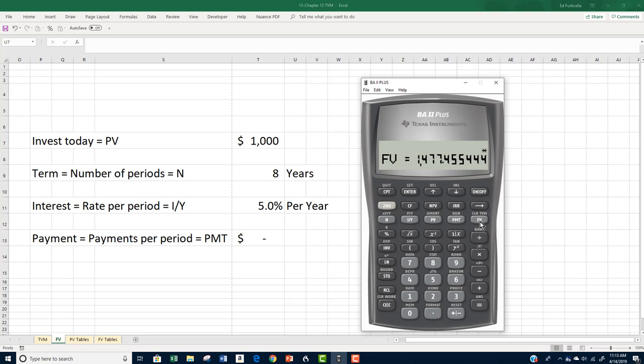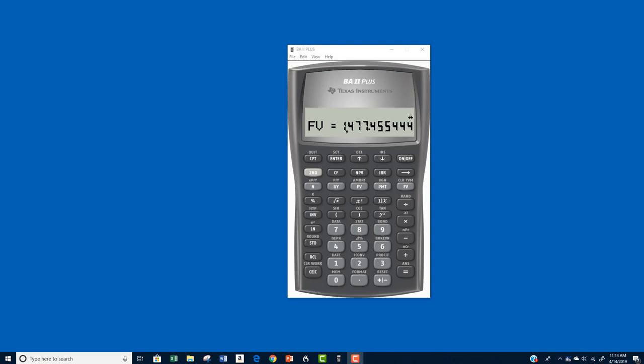Future value will total 1,477.45544, or rounded $1,477.46. You'll follow the same steps to calculate N or IY, PV, or payment. Remember, 4 variables will always be given. Pressing the CPT key and the variable to be determined will always display your answer.